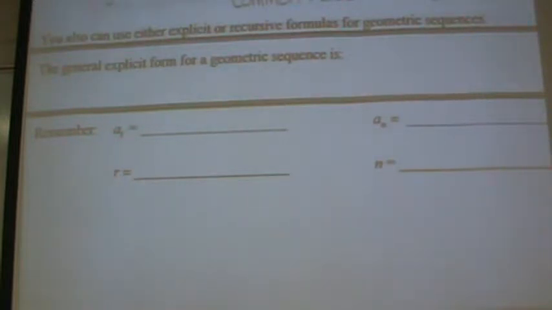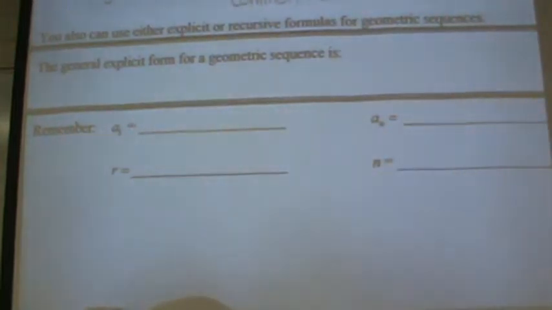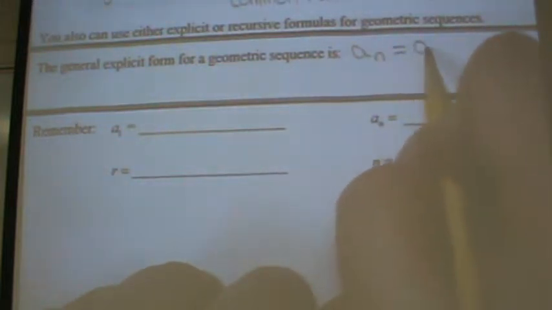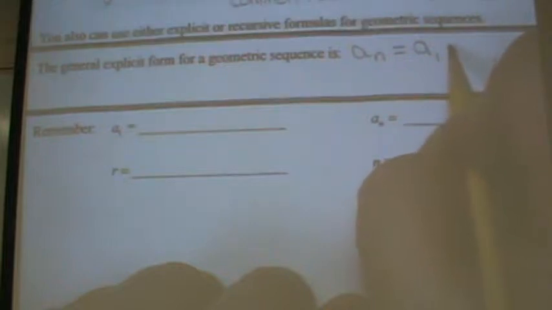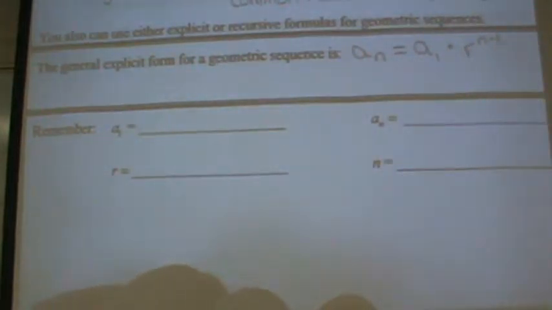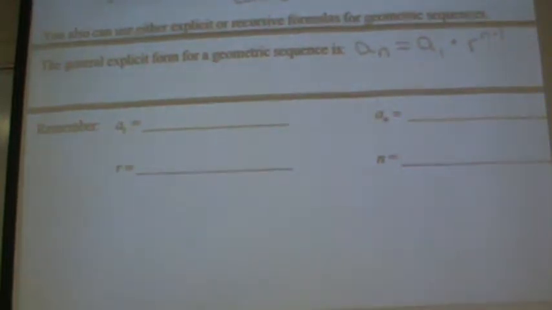Now it's a little hard to think about on your own. But what it is, it's a_n equals a_1 multiplied by r to the n minus 1. So we need to define what each of those means.